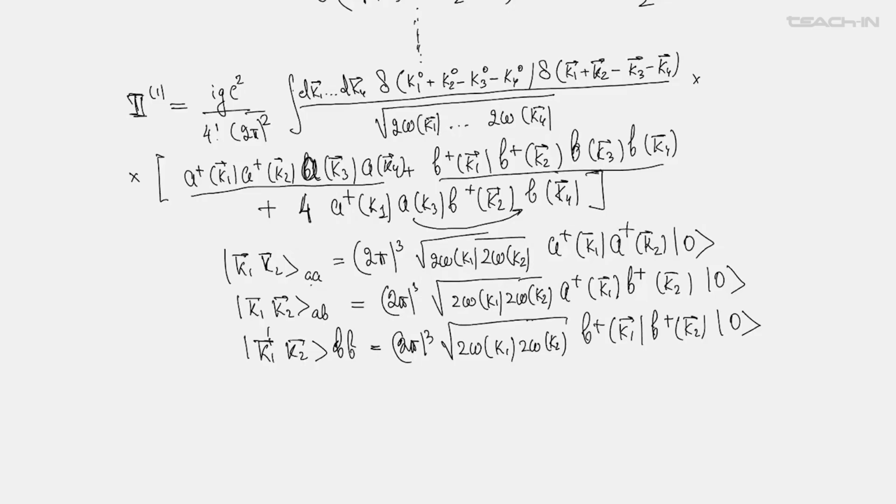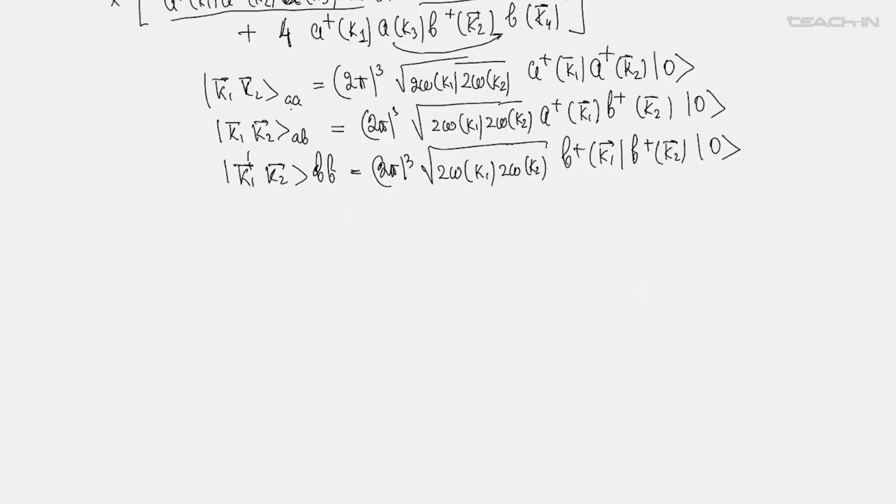So k3, k4, T1, and this we take for AA, particle, particle, k1, k2, AA.